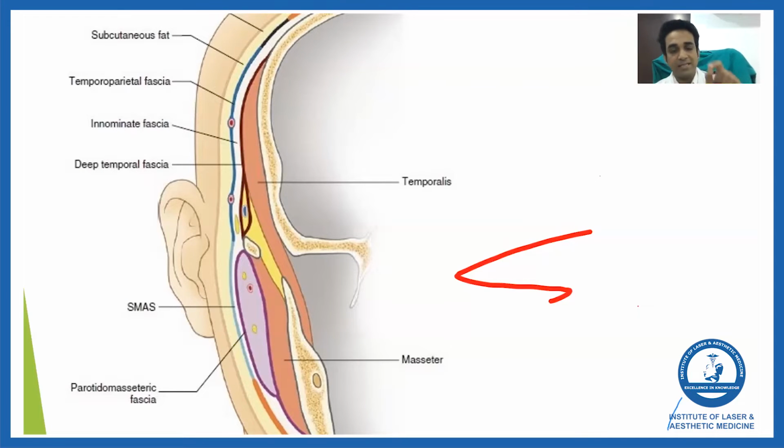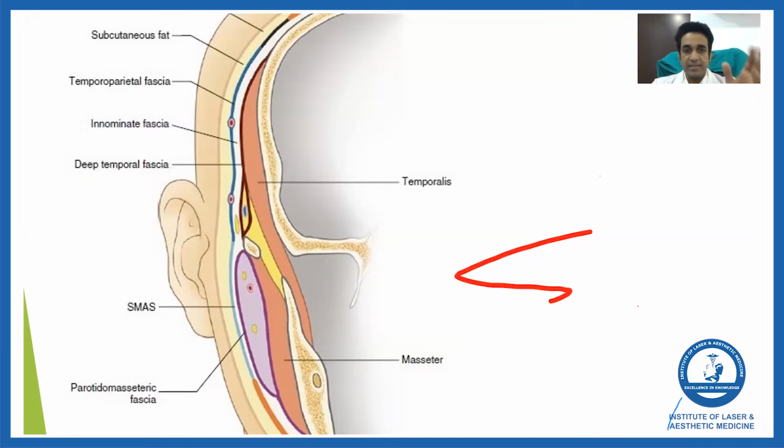Now, applying the same thing to facial surgery or facial applied anatomy, as long as this SMAS layer is tightly adhered to the underlying structures, that is the deep fat and the muscles, there won't be many wrinkles or sagging of the skin, right? As long as this SMAS layer is tightly adhered to the underlying muscular structures, there won't be any sagging.